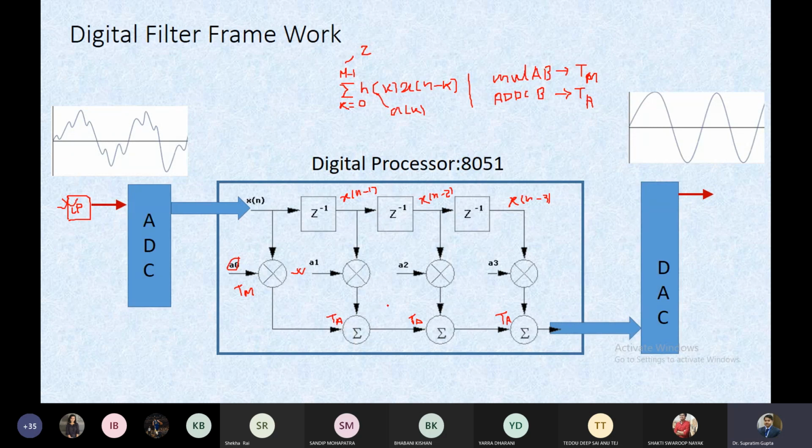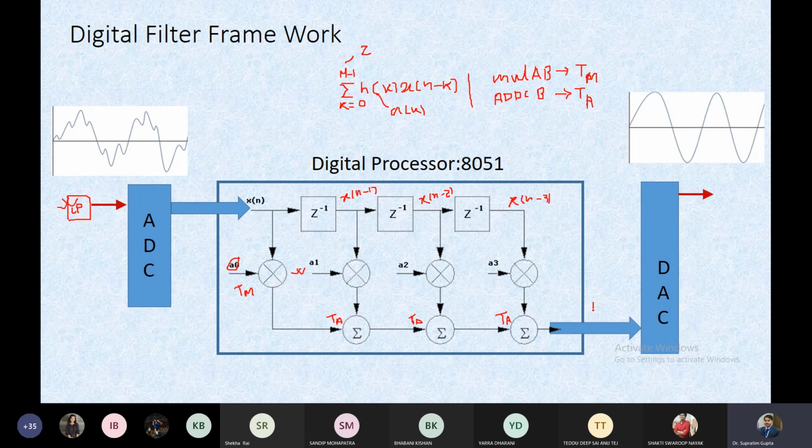Now if we have a number of multipliers inside the processor, which is not the case for 8051, or a number of adders inside this processor, then our computational complexity, which means that given the signal x[n], when we are getting the output signal for that, we'll get this Tm plus Ta plus Ta plus Ta.